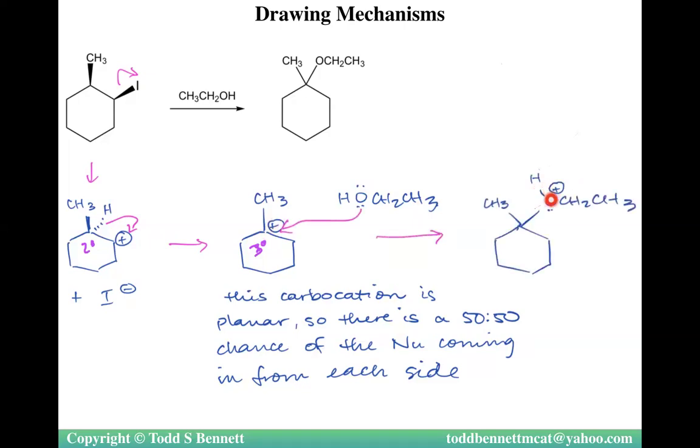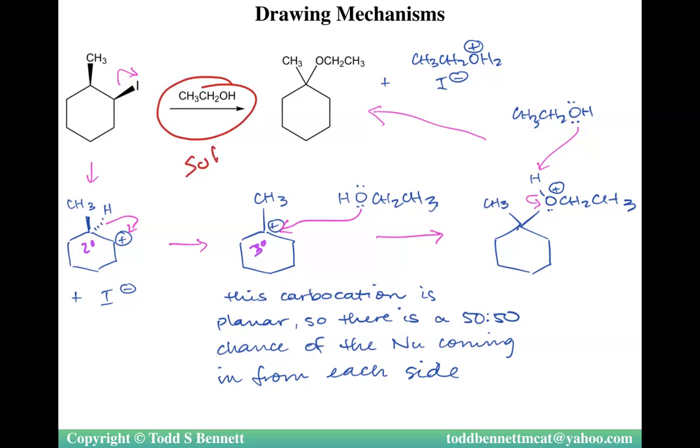It's now protonated, so you're going to have to lose that H. So the I minus maybe will be strong enough, but probably it's going to have to just combine with another ethanol. So ethanol is going to come in, take the H, and leave this compound in solution, and this is our product. Meaning, we just got a case where this underwent substitution.